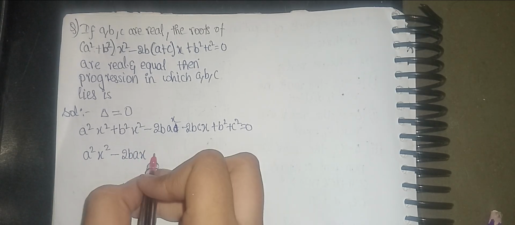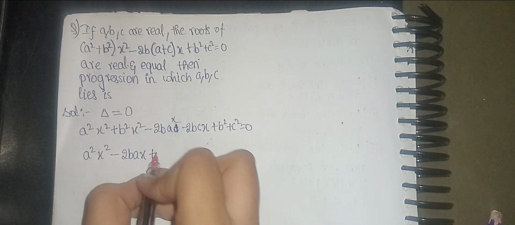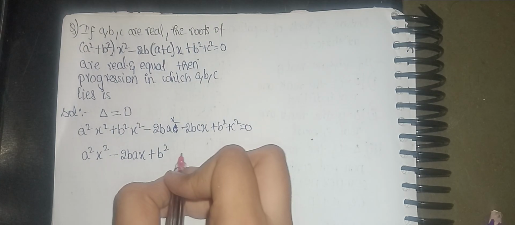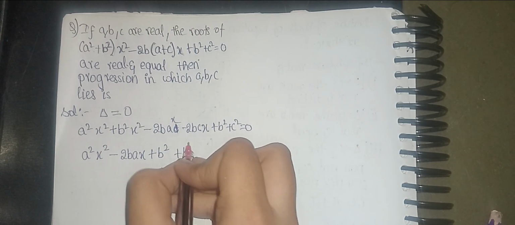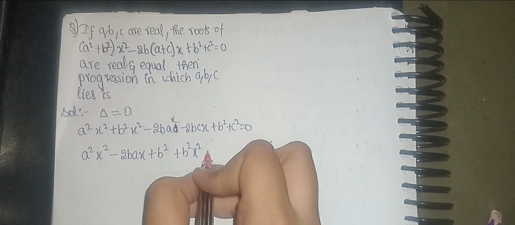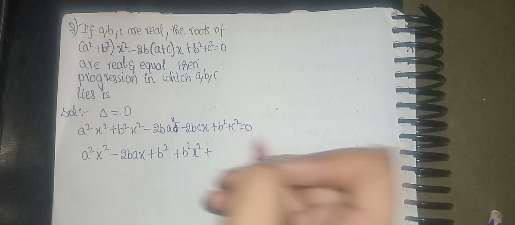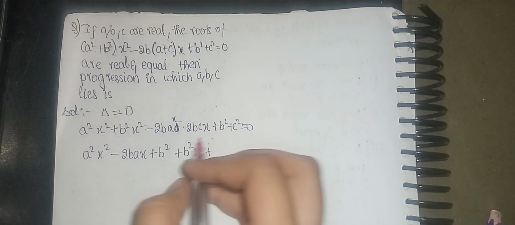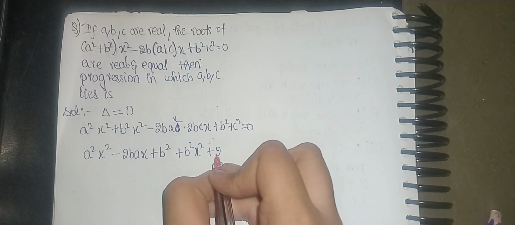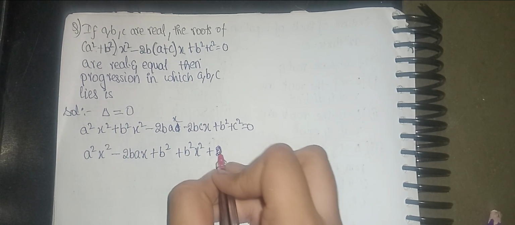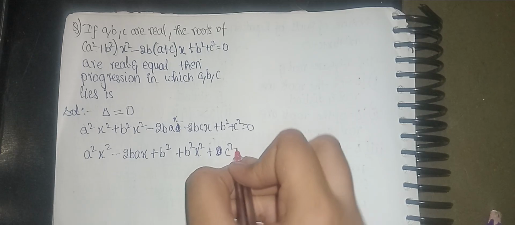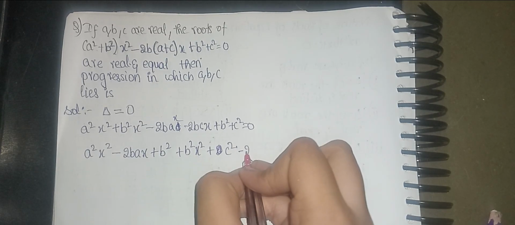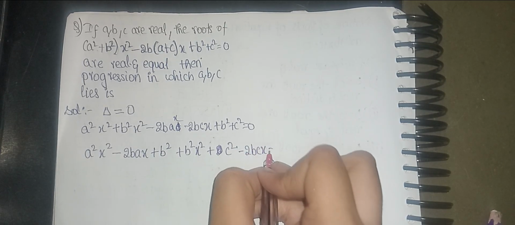Here a²x² − 2abx + b², plus b²x² + c² − 2bcx is equal to 0.